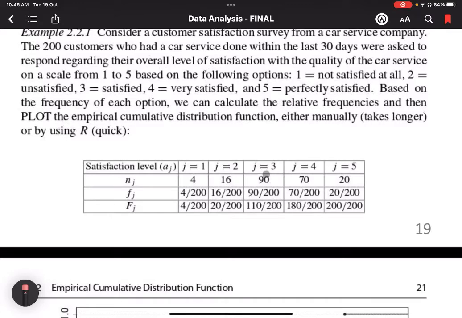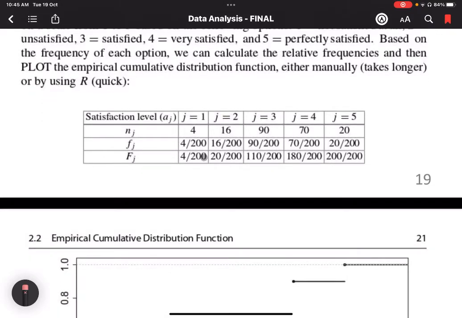Yun namang number of very satisfied na sumagot is 90, no? So on and so forth. So, under ng relative frequency, no? We have to put the total number of data or observations as a divisor. So 4 over 200, 16 over 200.